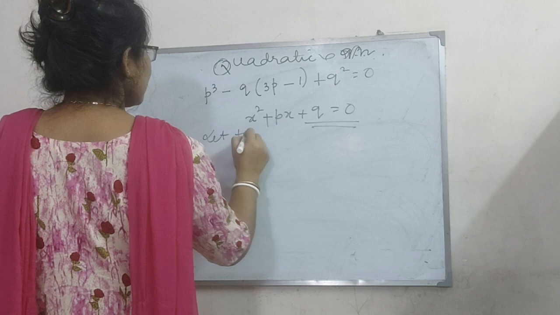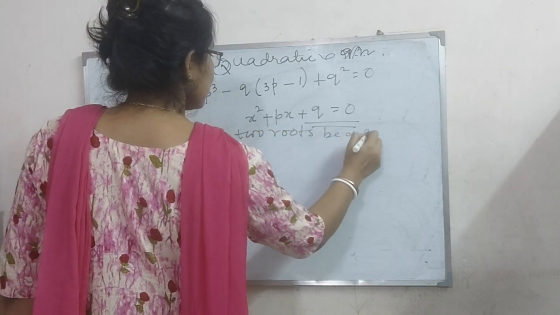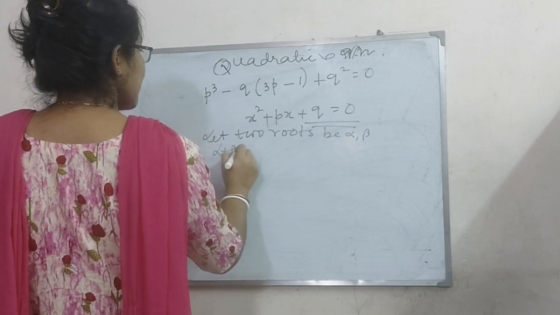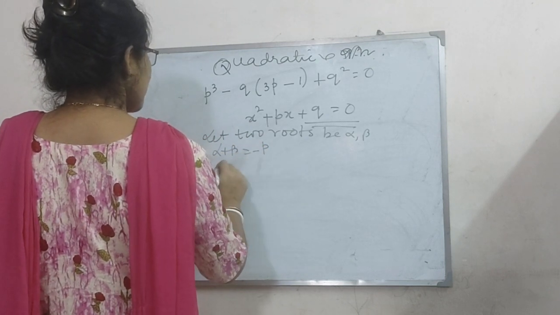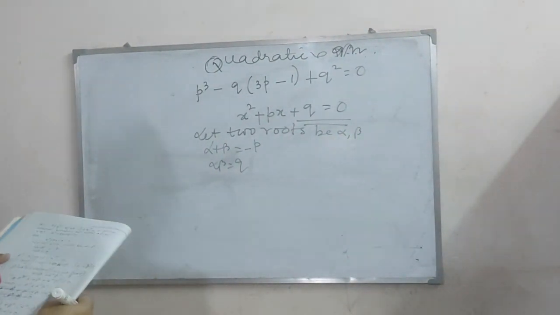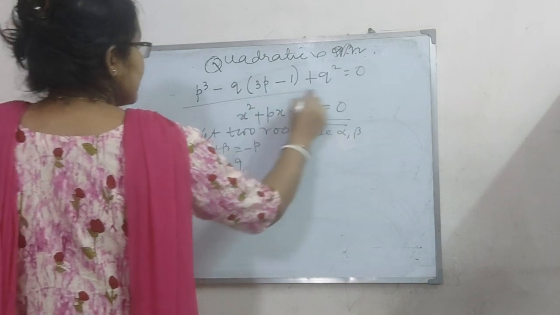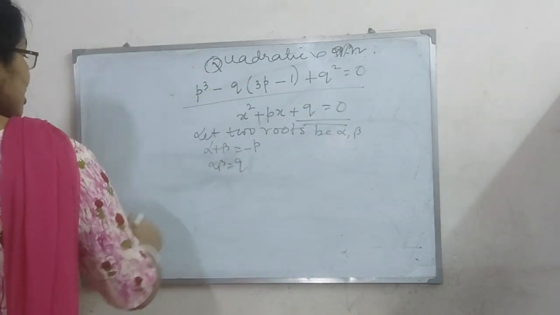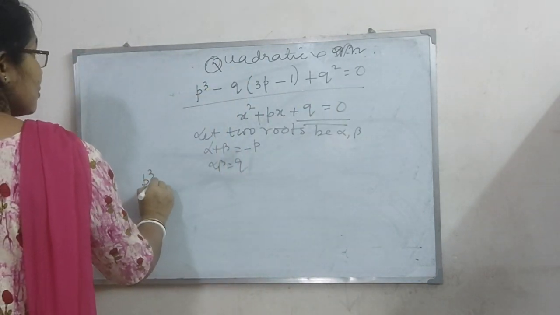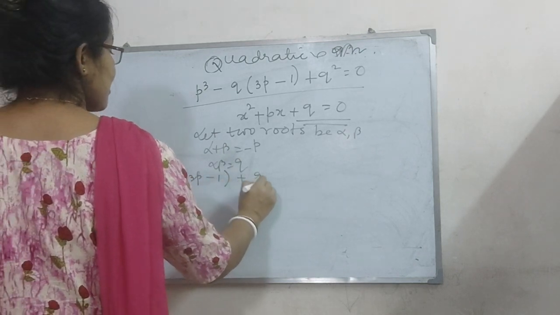Let the two roots be alpha, beta. So alpha plus beta equal to minus p and alpha beta equal to q. We have the given condition p cube minus q into (3p minus 1) plus q square equal to 0.